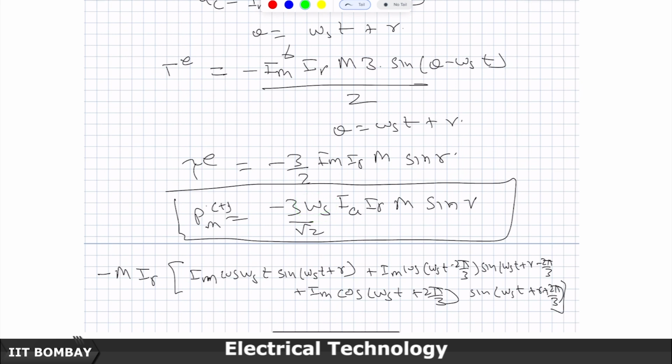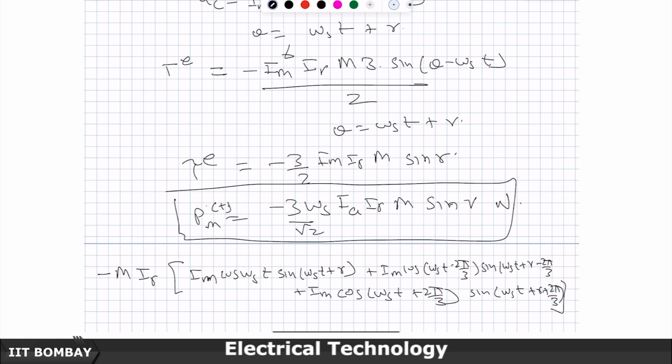This being peak current, the rotor current is DC, so I will just keep it as Ir. But this being peak AC current, if I want to write it in terms of RMS current, then Im should be written as root 2 times, let us say, the A phase phasor current. Then the root 2 and this root 2 cancel out that factor, and I will get minus 3 by root 2 omega s Im Ir M sine of gamma.